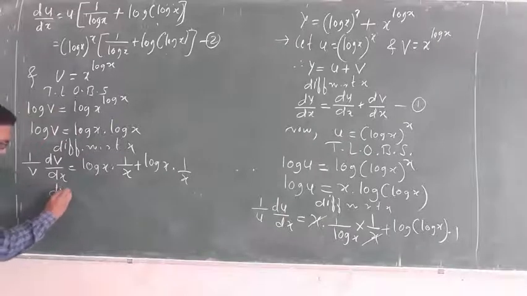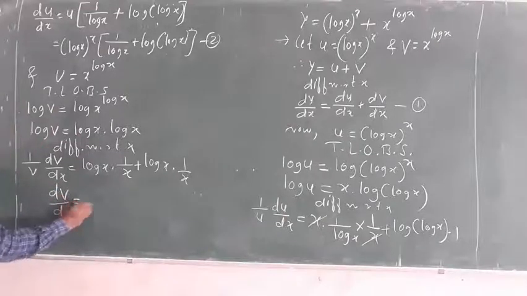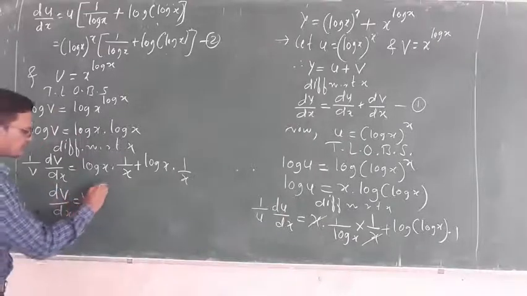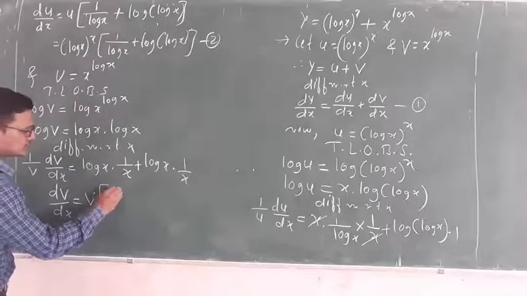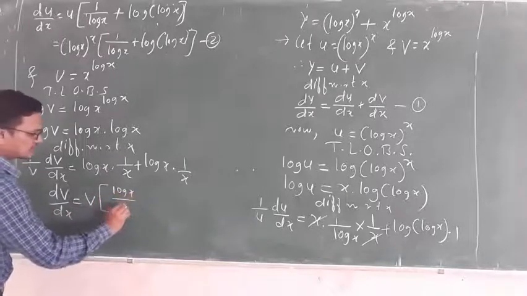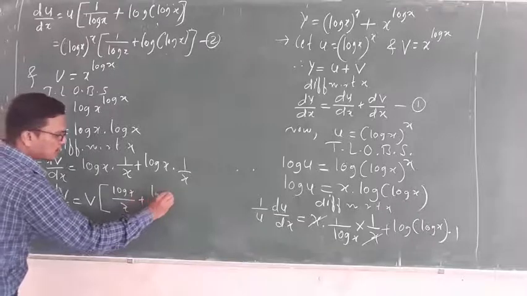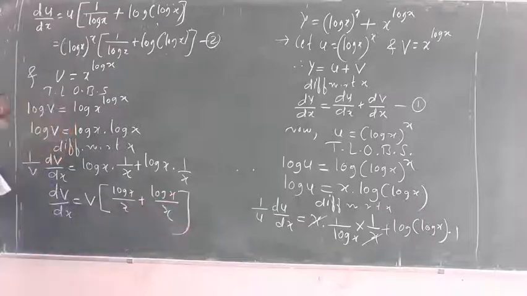So therefore dv by dx is equal to, we have to transfer it to multiply, so this is log x upon x plus log x upon x. Now v we have to substitute.